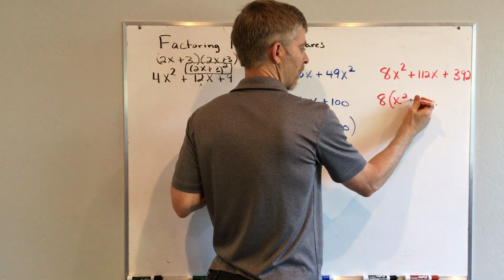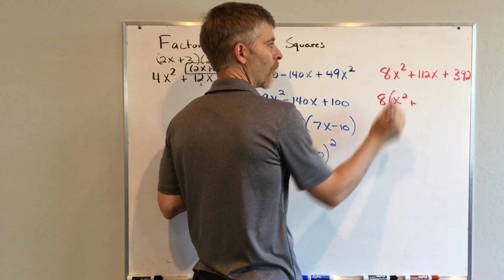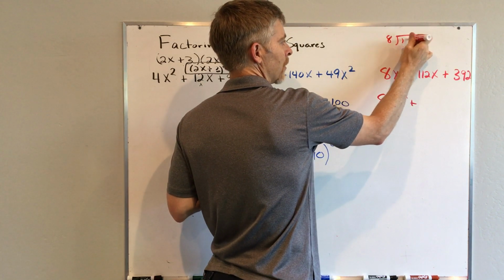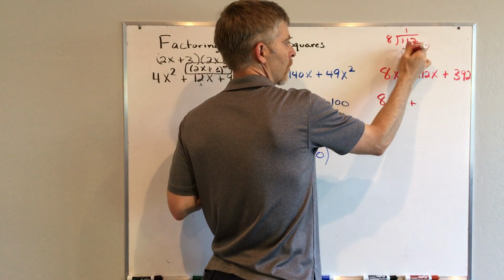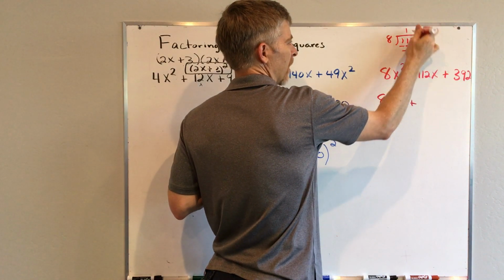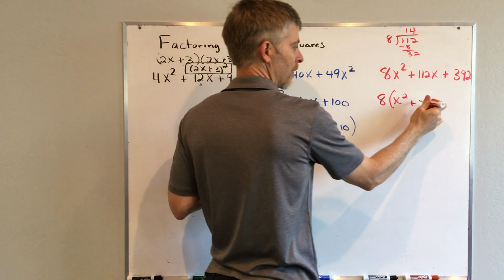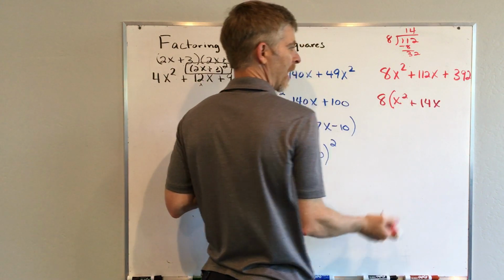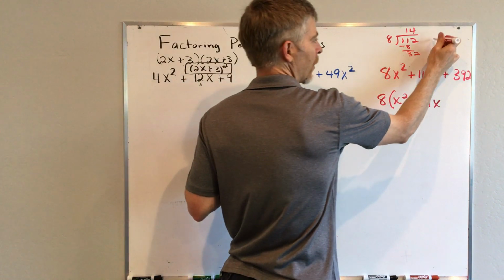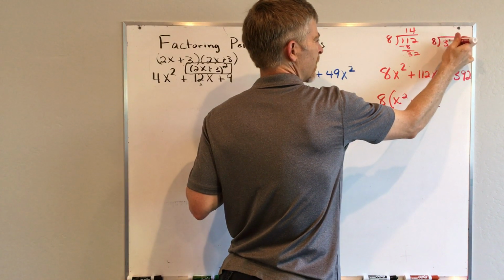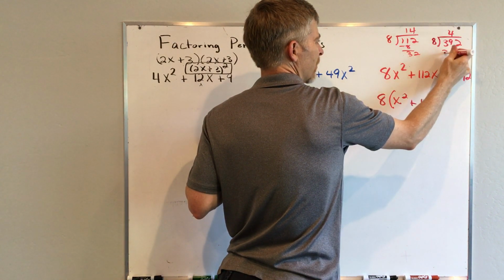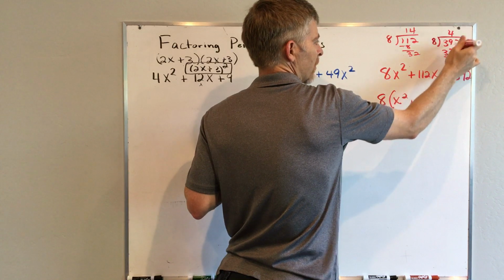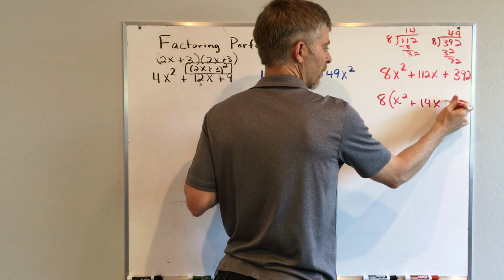We'll have x squared. 8 goes into 112. Aha, 14 times, so that works. And then 8 into 392. 49 times.